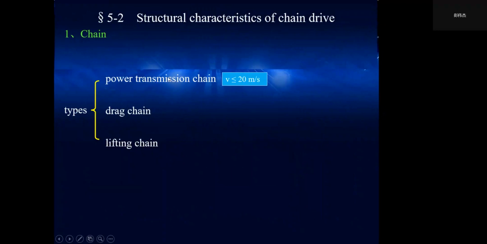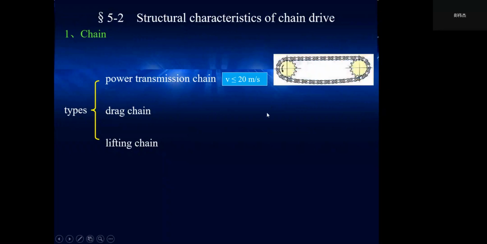Power transmitting chains are mainly used to transmit mechanical energy. Its velocity is less than 20 meters per second, like this.